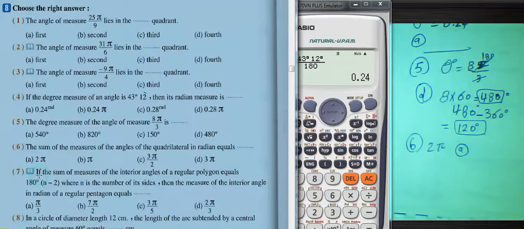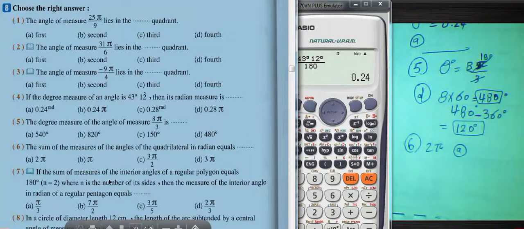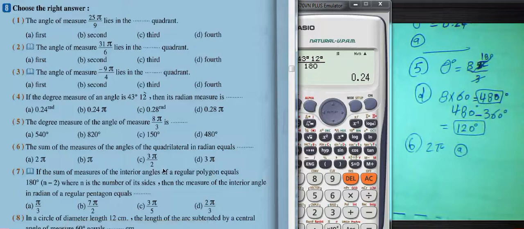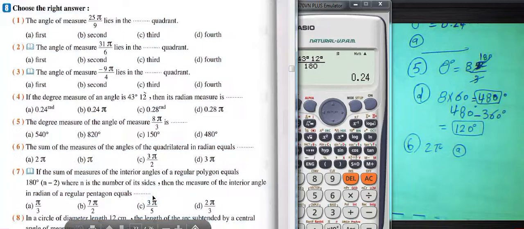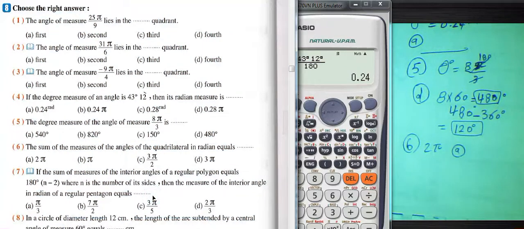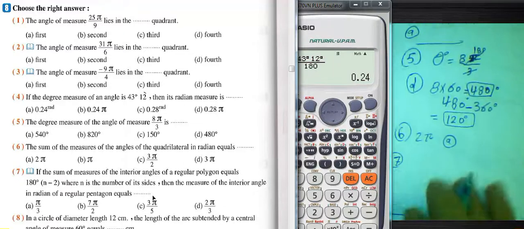If the sum of measures of interior angles of a regular polygon equals 180 multiplied by n minus 2, where n is the number of its sides, then the measure of the interior angle in radian of a regular pentagon equals.